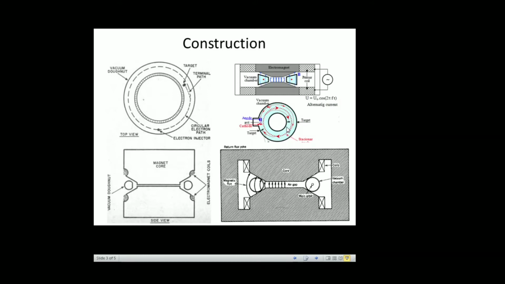But if that happens, the Betatron can't operate. So what is done in a Betatron is a condition is achieved such that all the electrons move in circular orbits of constant radius. That condition is known as the Betatron condition. That is achieved in a Betatron to effectively accelerate electrons to very high energies.